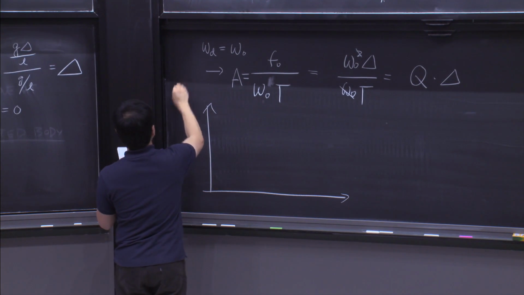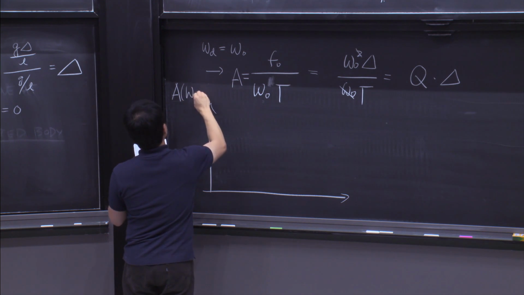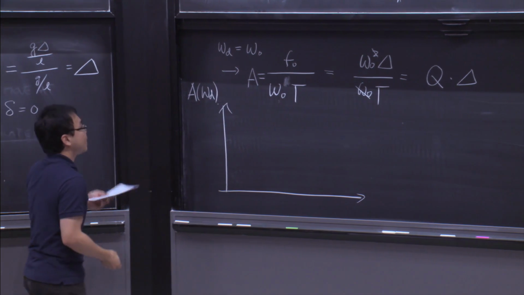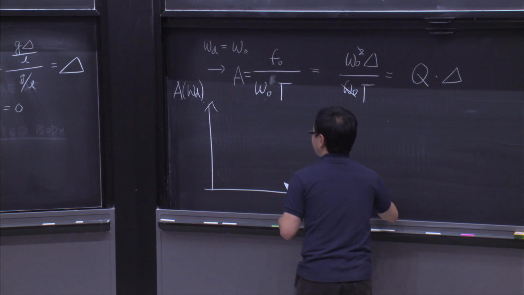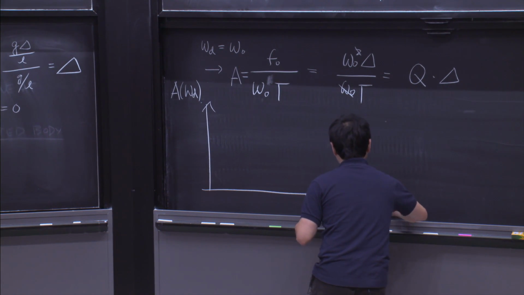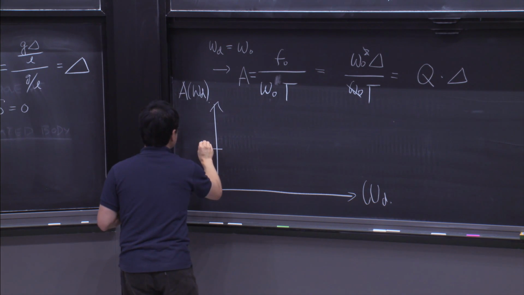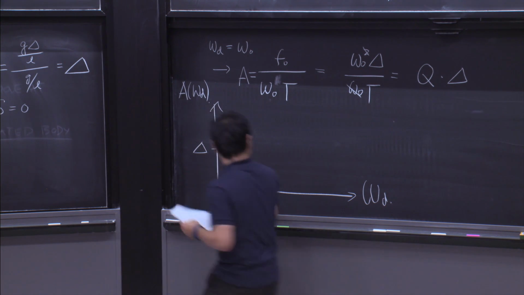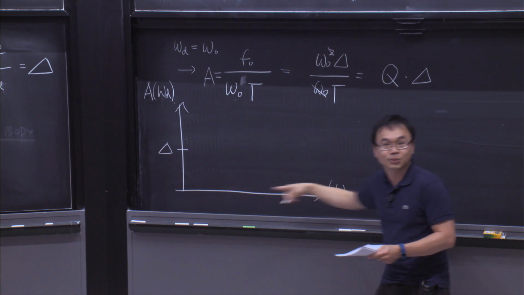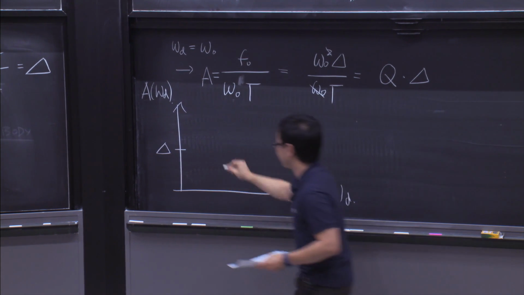Therefore, what I'm going to do is to plot A of omega d as a function of omega d. This will be equal to delta when omega d goes to 0, right? We just demonstrated that, right?